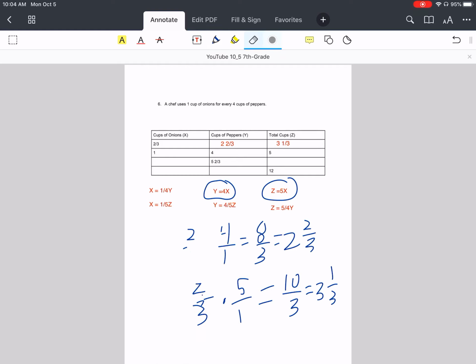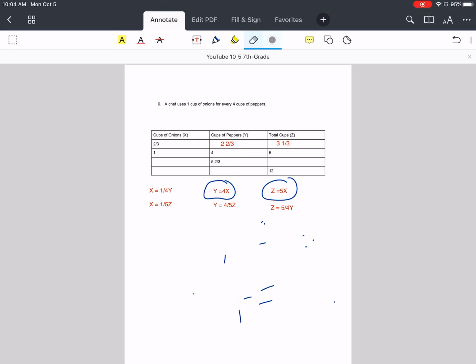All right, third row, they tell us that the y value is 5 2/3. So we need to figure out the x and the z value. So y is 5 2/3, so we know that x is going to be 1/4 of y, and z is going to be 5/4 of y.